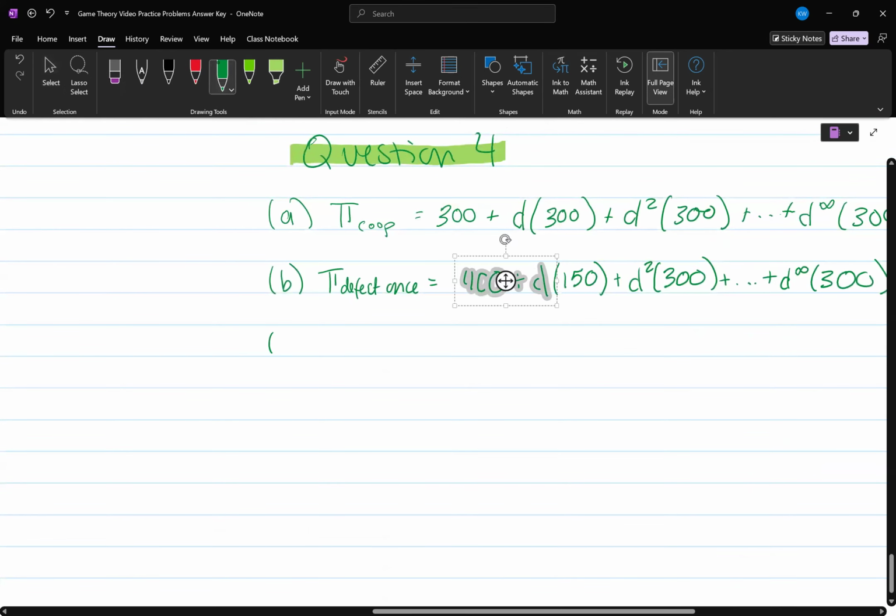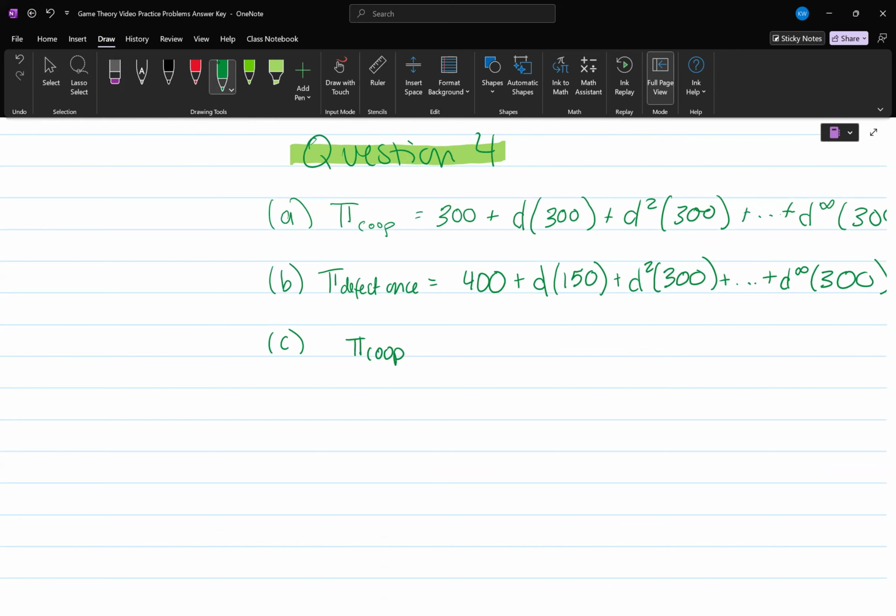So looking at C, we want to know, how does the profit from cooperating compare to the profit from defecting once when the discount rate is 0.7? All right.